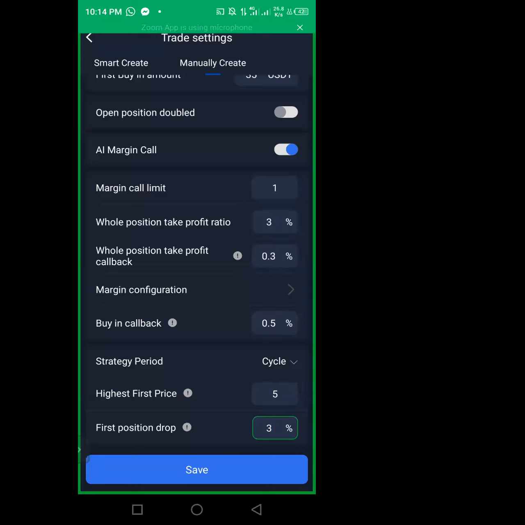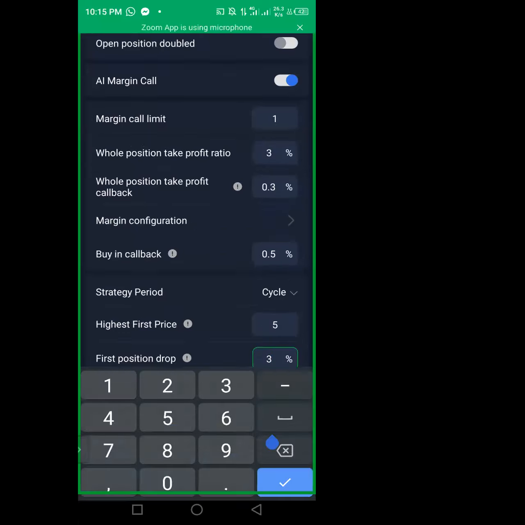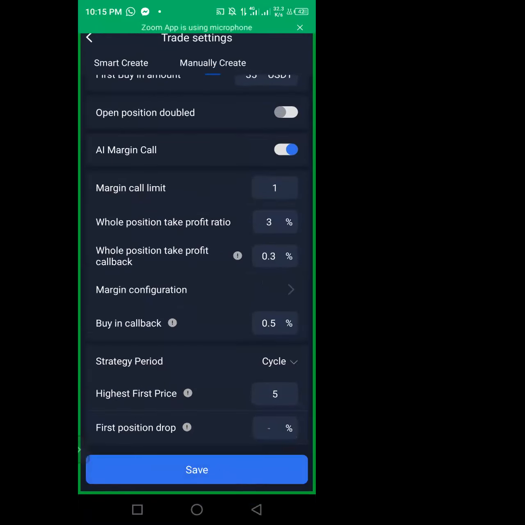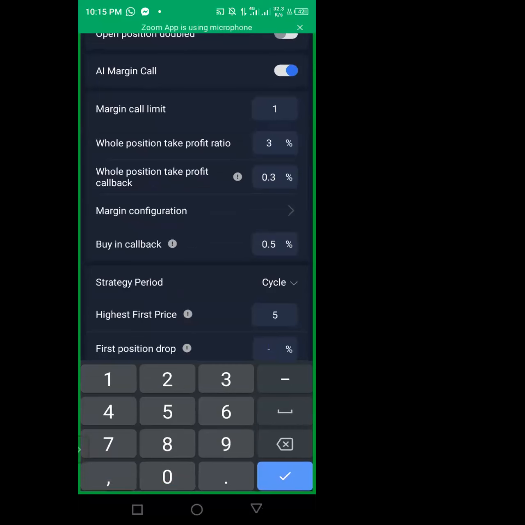It will not activate the next cycle trading. It will set the price at anything you put here. Maybe you are saying, if the coin has pumped more than this 5%, the trade should not go above that. You should wait until there's a retracement.